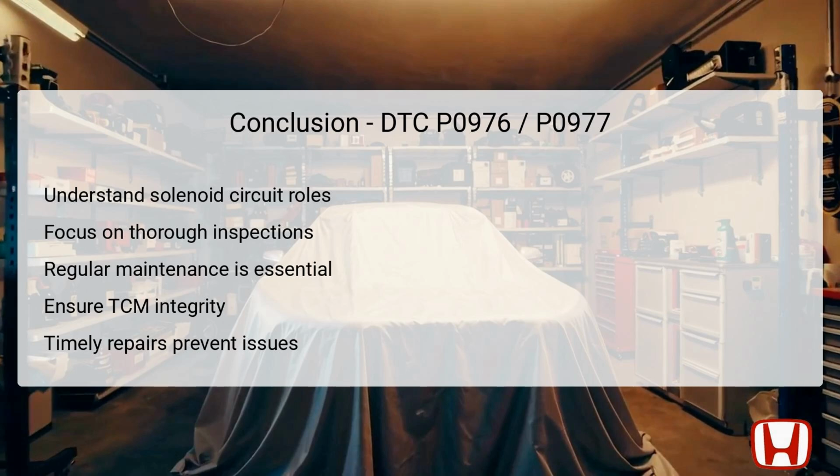Regular preventative maintenance practices form the backbone of healthy vehicle operation, ensuring that the transmission continues to function effectively for years to come. Attention to the integrity of the TCM is essential, as it serves as the command center for operation signals. Timely repairs and diligence in maintenance can prevent major frustrations and costly repairs, thereby enhancing overall vehicle reliability and performance.